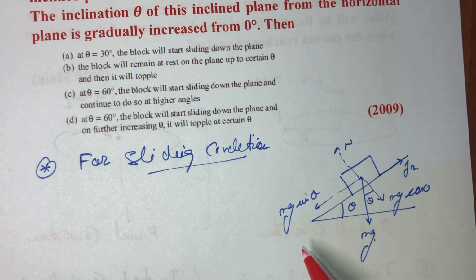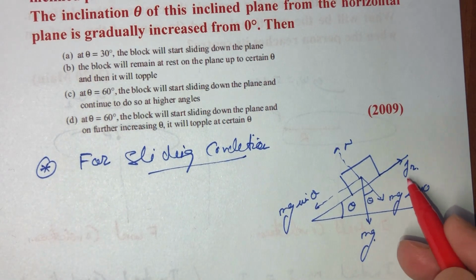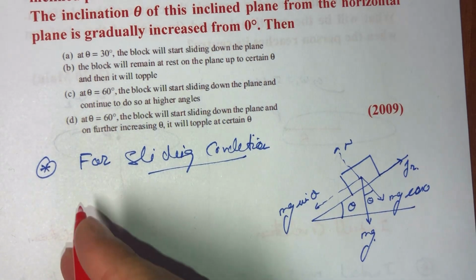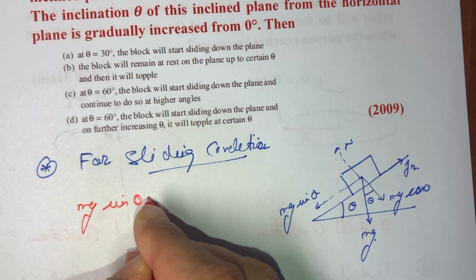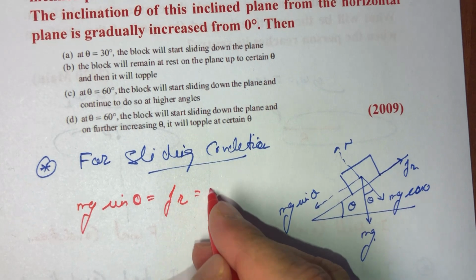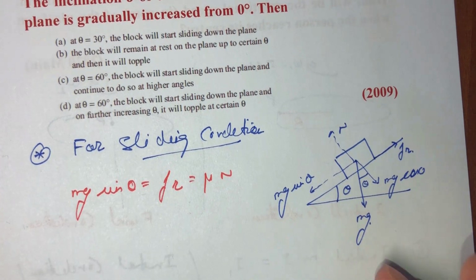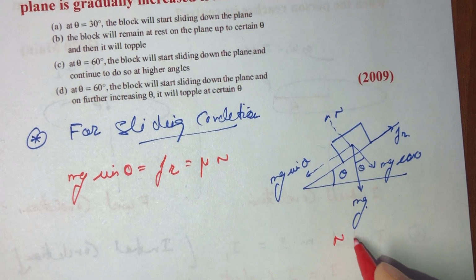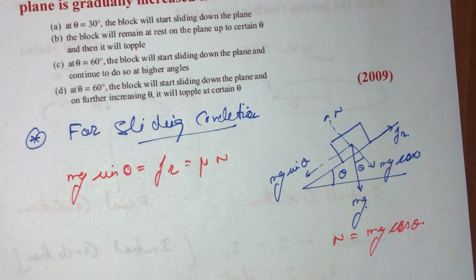So we can write the equation that for just sliding, mg sine of theta should be equal to the frictional force Fr. Fr is coefficient of friction multiplied by the normal N, and here N is equal to mg cos of theta.